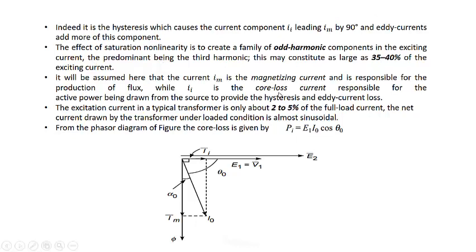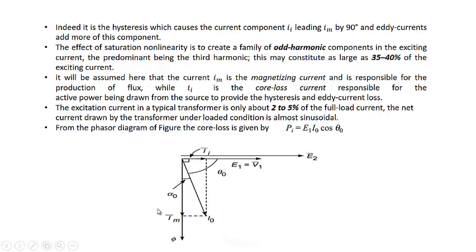You will see that some odd harmonics get introduced in the exciting current, the predominant being the third harmonic. This may constitute as much as 35 to 40% of the exciting current. So this is the value of the third harmonic component present in the exciting current. It will be assumed here that the current Im is the magnetizing current and is responsible for production of the flux.